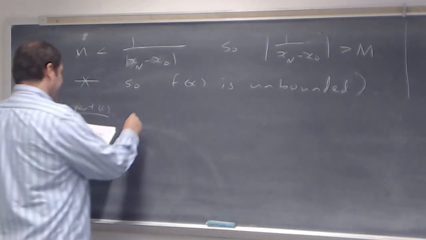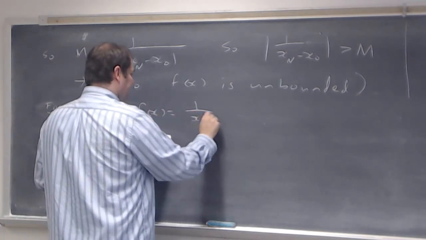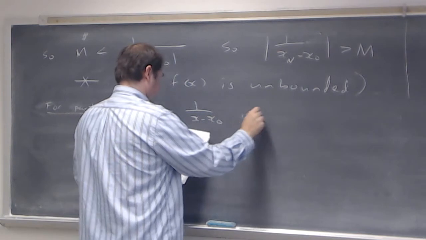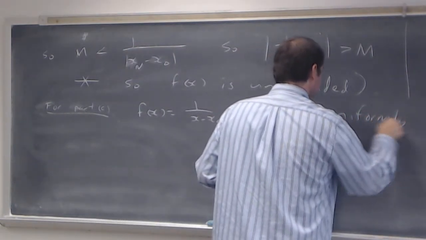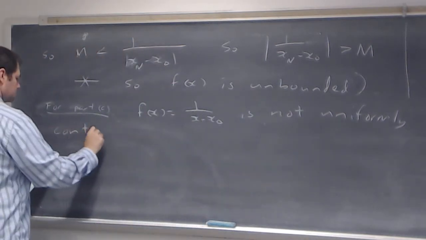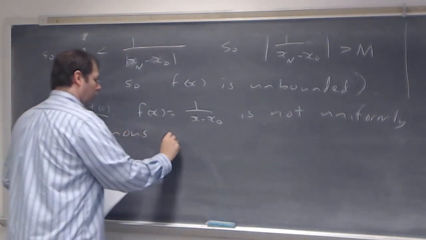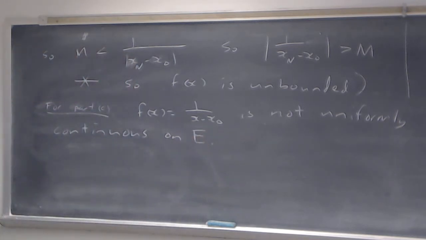And my claim here is that this f of x equal to 1 over x minus x naught is not uniformly continuous on E.